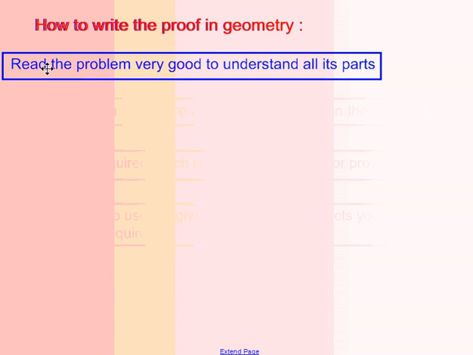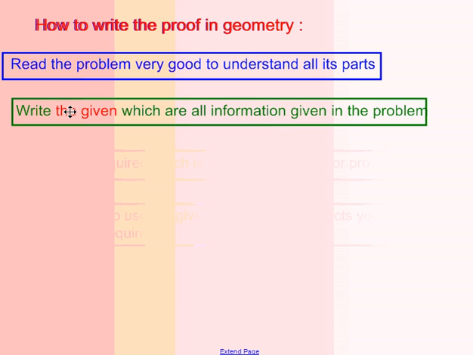The first one, read the problem very well to understand all its parts. If you need to write the proof in geometry, you have to read the information that you have in your question very well. After reading this information, you have to write it by using your hand. You have to write it well to understand.